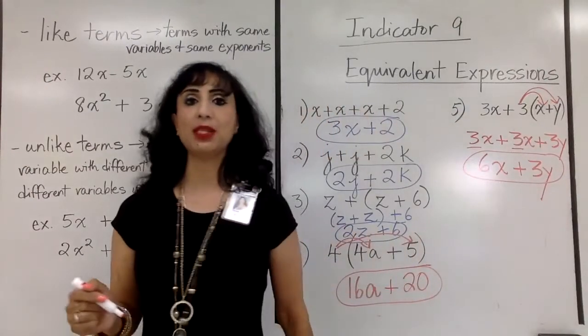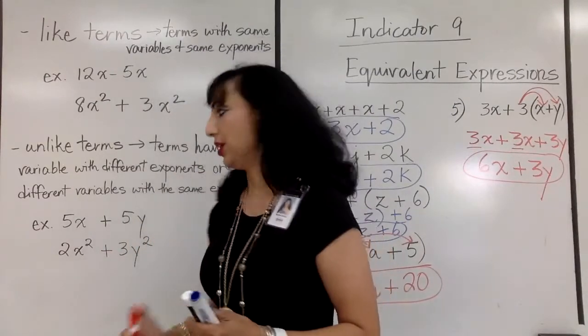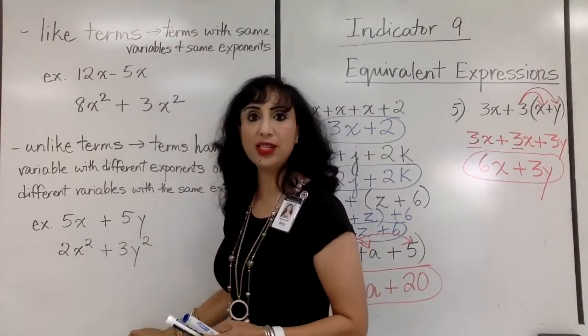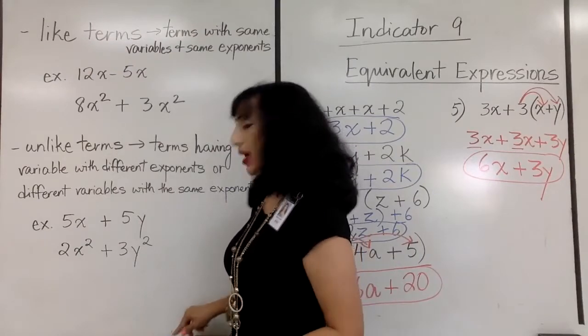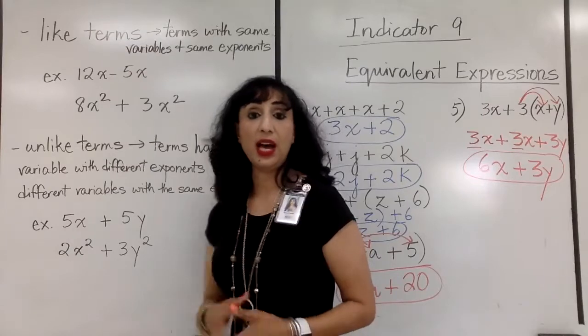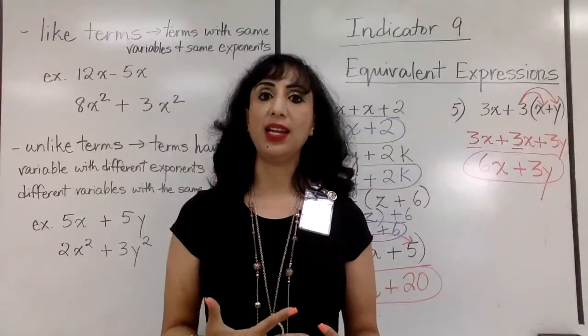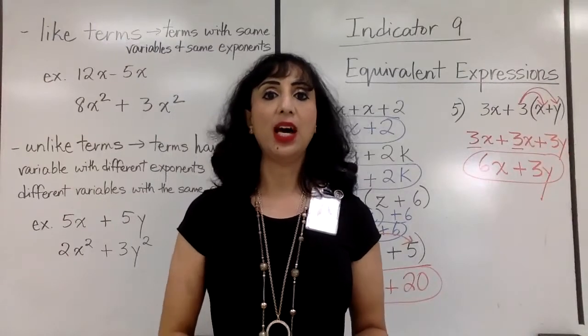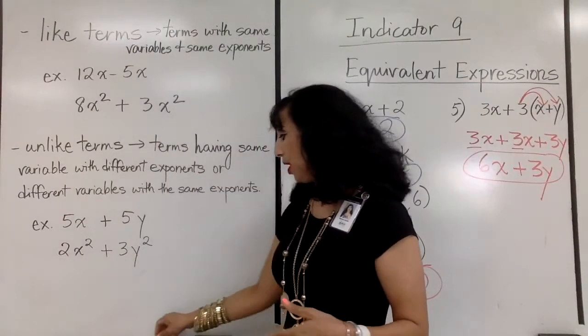And this becomes my final answer. So I just wanted to show this to you before we go more in depth into indicator 9, that is equivalent expressions, so that you have an idea of like terms, unlike terms, as well as distributive property.